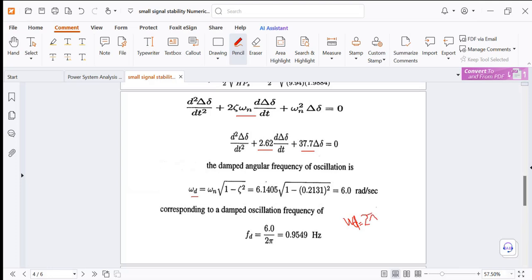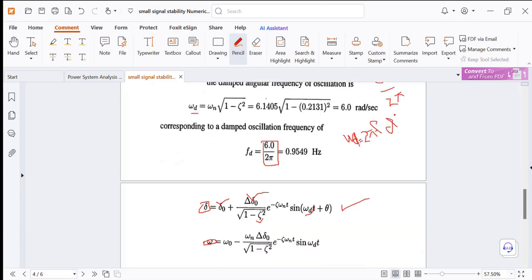So if we want to have the value of frequency from angular speed, the frequency is equal to omega d over 2 pi. So we have used the same formula here. Omega d is divided by 2 pi. So it becomes 0.9549 hertz. So at this frequency, our transients or ripples are basically decaying after the disturbance in this case.